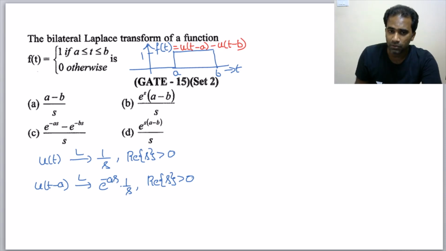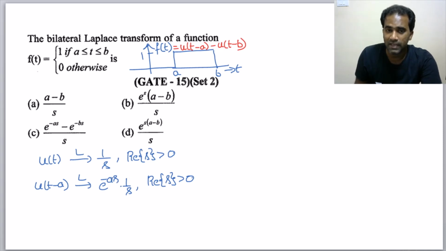Now, if A is negative, we don't know whether A is positive or negative, right? If A is negative, and negative into negative is positive, if s equal to infinity, then this becomes infinity. So for s equal to infinity, the Laplace transform becomes infinity. We can call it a pole. So s equal to infinity can be treated as a pole if A is negative.